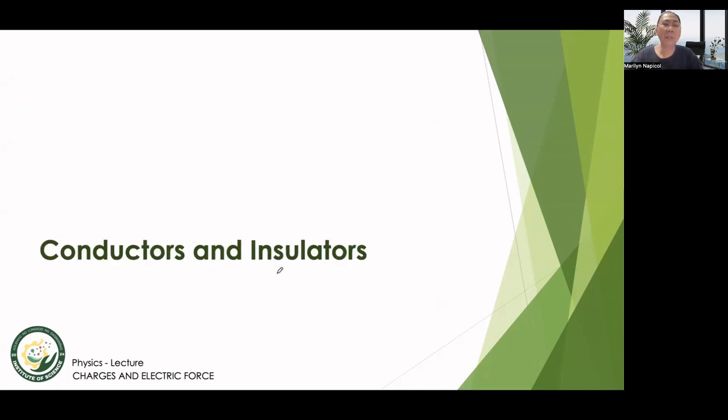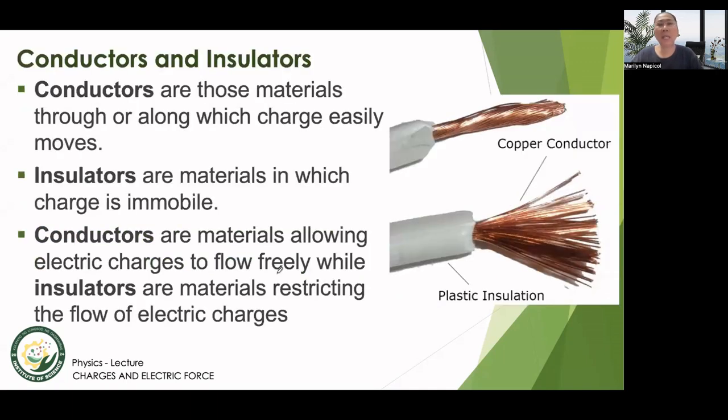Okay, now let's move on to conductors and insulators. So pag sinabi natin conductors, those are materials through or along which charge easily moves. So madaling dumaan ang charges sa mga conductors. Parang you can imagine conductors like para siyang pinto na nakabukas, na labas-pasok ang tao. So ganun ang conductors, they easily let charges pass through them.